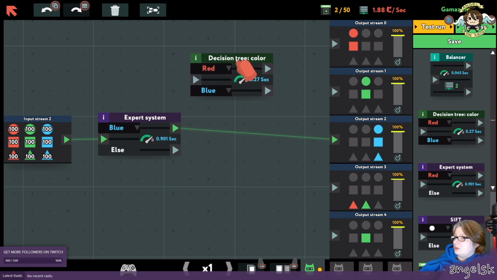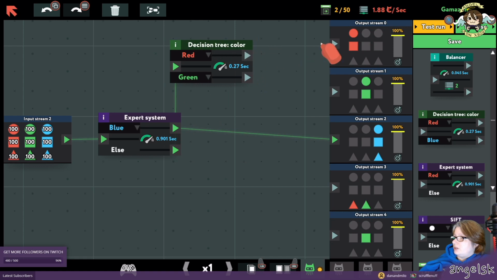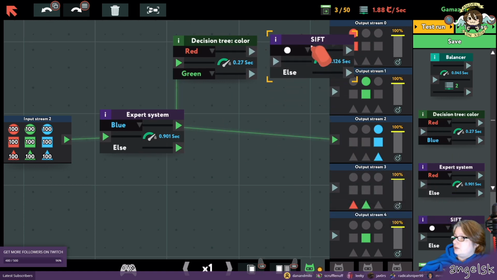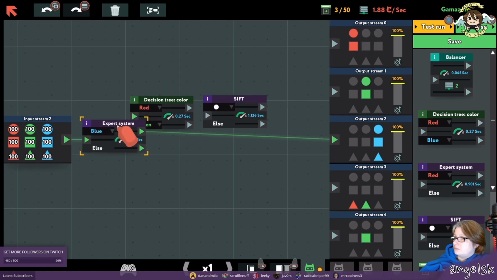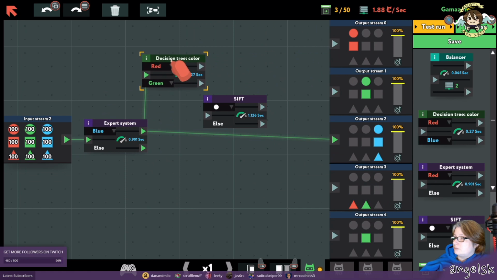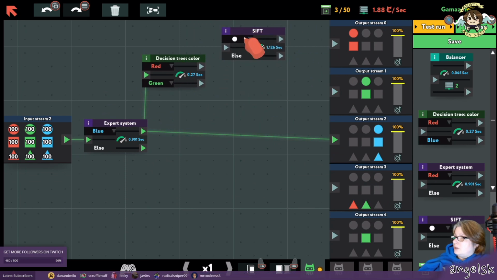Okay. So red, green, and then we want to sift. Triangle.